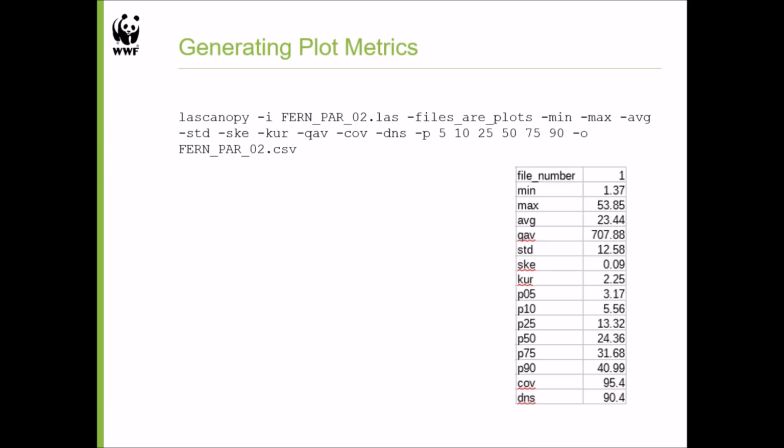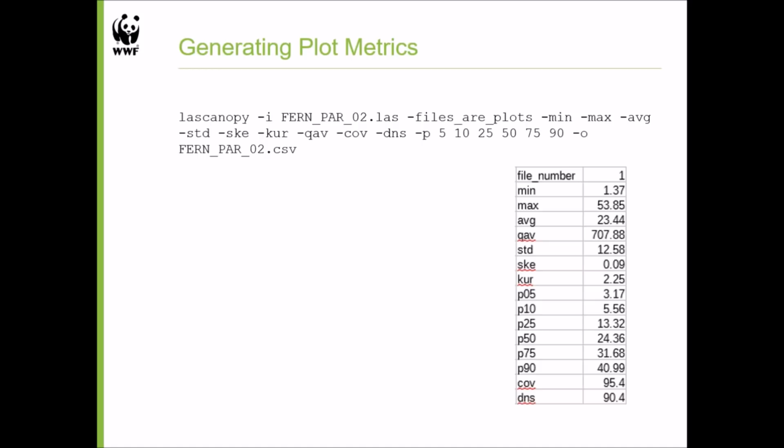What are those metrics? Metrics are statistics about LiDAR points, okay? For example, the -min specifies that lastCanopy should calculate and inform us the minimum point of this plot. The -max, the maximum point of this plot.